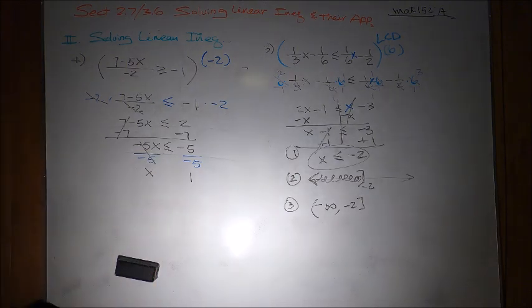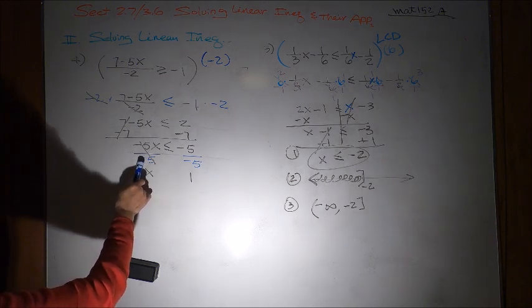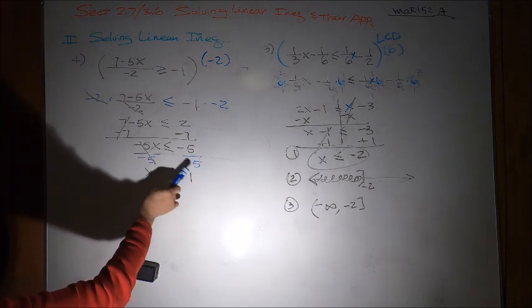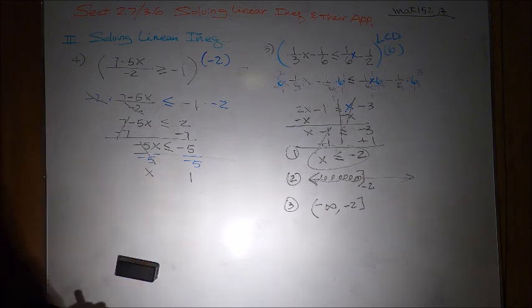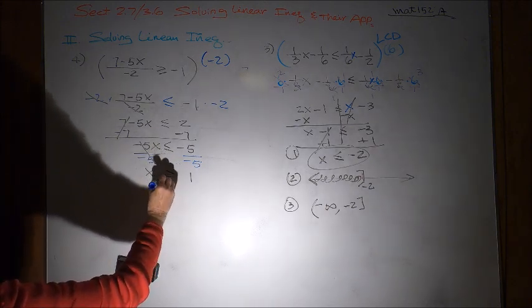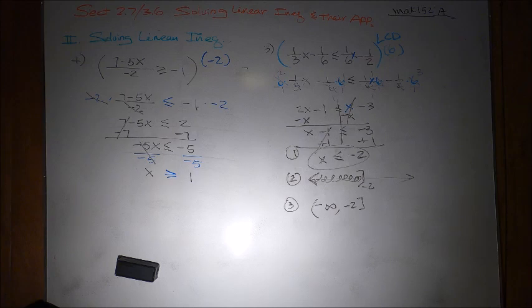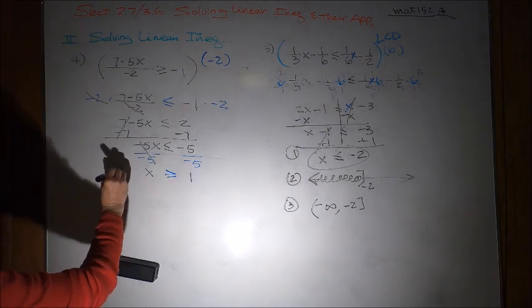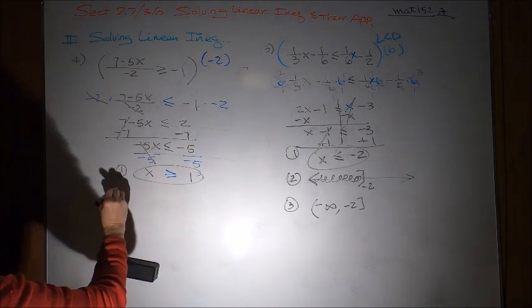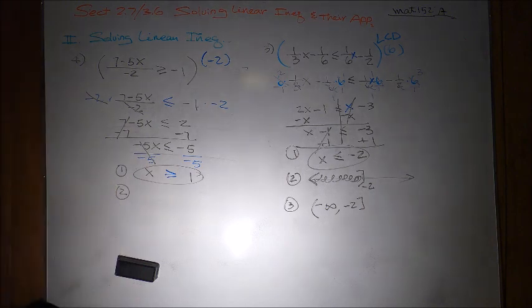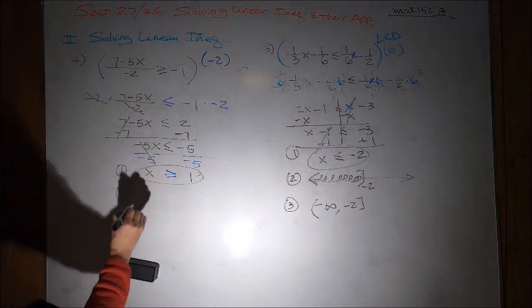Should we change the direction of the sign now? Yes, because we are dividing by what? A negative number now. So that would be the answer, right? That's one of the answers. We use that to describe it. Another one is what?